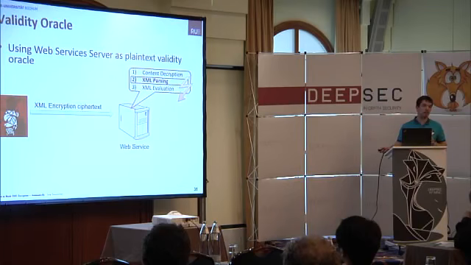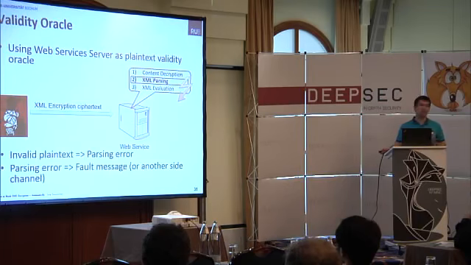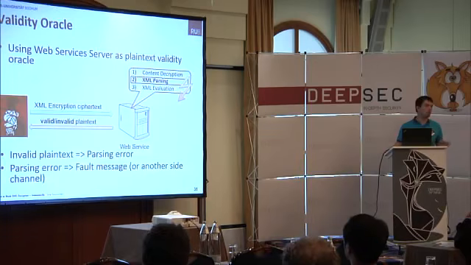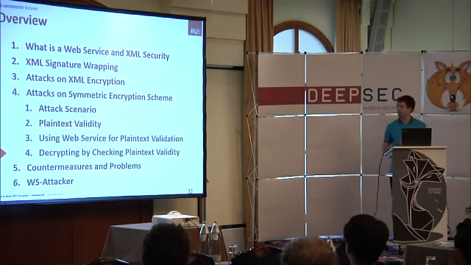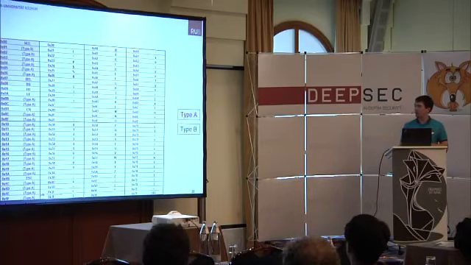And if XML parsing fails, so if there's an invalid plaintext decrypted, then we get a parsing error, and maybe the server responds with some fault message. So if we send an invalid character from the ASCII table, which is decrypted, then the server responds with a fault.